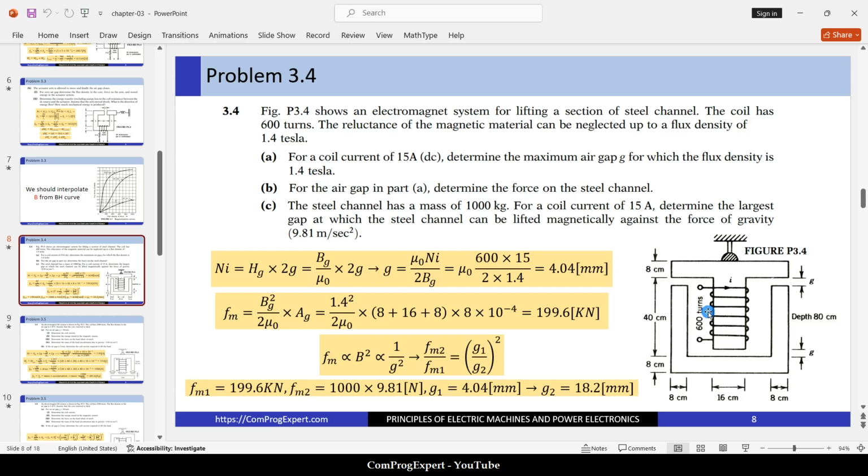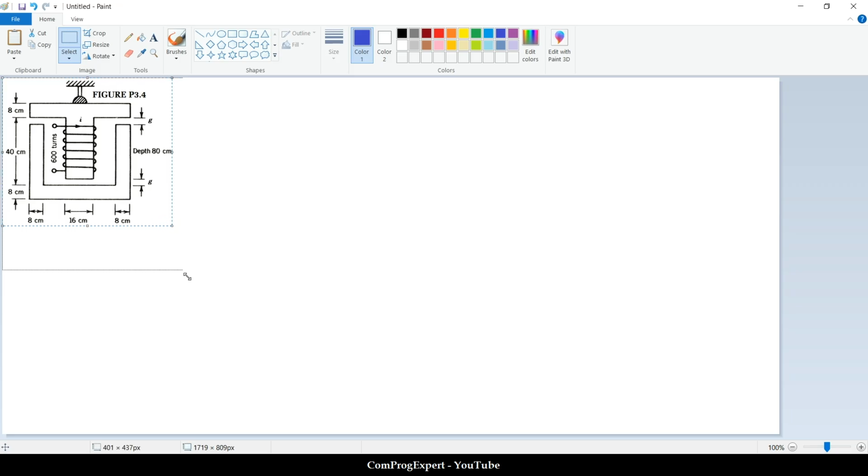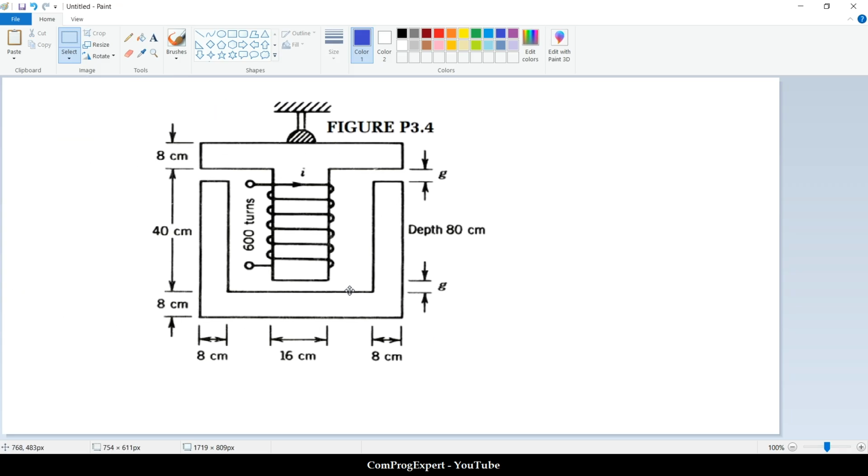Here is the structure of the problem, the electromagnet system. Let me copy this. Here we have this steel channel, and we have this coil.